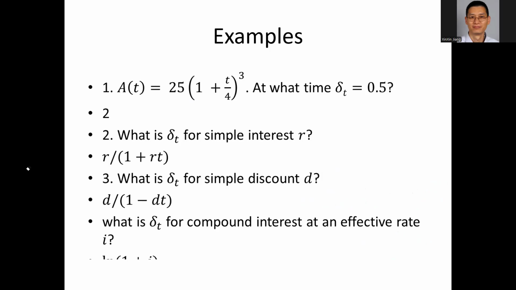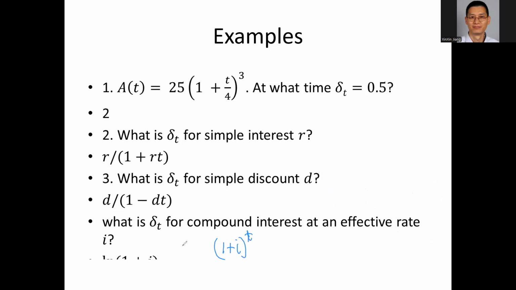All right, so what is delta t for compounding interest at an effective rate i? We know delta t should be a constant. That's in a previous section. But nevertheless, the accumulation function is 1 plus i to the t.